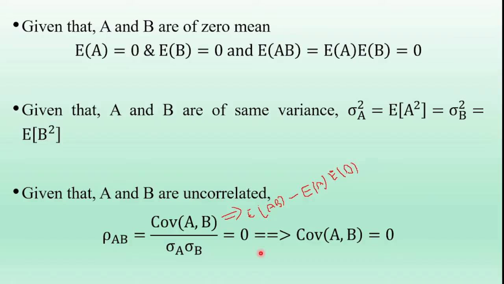Once again, given that capital A and capital B are uncorrelated random variables, uncorrelated means the correlation coefficient rho is equal to 0. In this equation substituting rho equal to 0, we get covariance of A comma B equal to 0. That is one way of explanation. Another way is using covariance of A comma B equals expectation of AB minus expectation of A into expectation of B. Using this expression also, covariance of AB is 0.